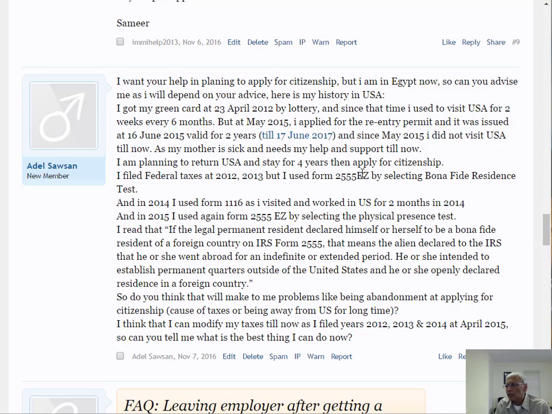We'll have to research it. But if you file, for example, as a non-resident alien, government can consider that to be a declaration that you are no longer in the United States, and that could lead to loss of green card.